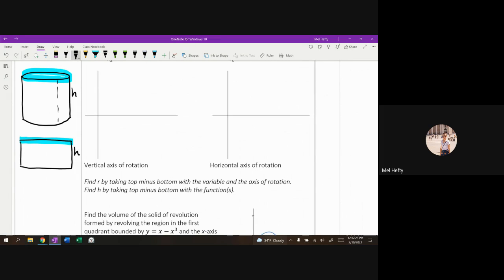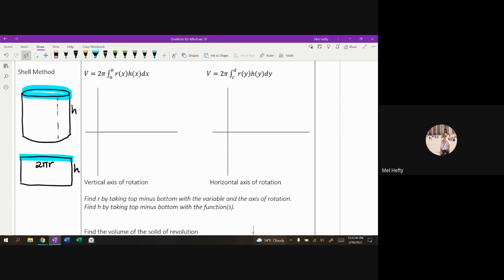Now, what is the formula for circumference of a circle? 2 pi r. If you ever forget, take a derivative of the area of a circle. Fancy. So if you're looking at this guy, you're looking at 2 pi r(h).